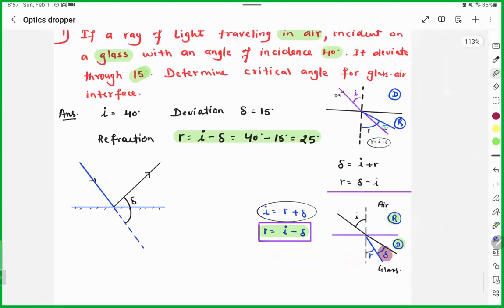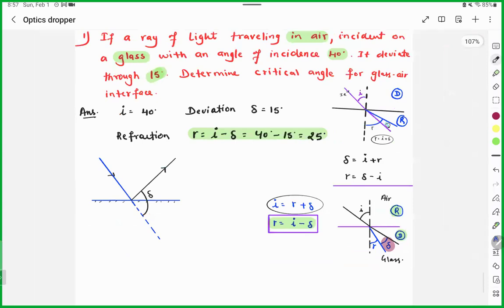If you understood this concept well, now just the application. Mu is equal to sine i by sine r, and mu is also equal to 1 by sine IC. Your sine i value will be 40 and sine r value will be 25.